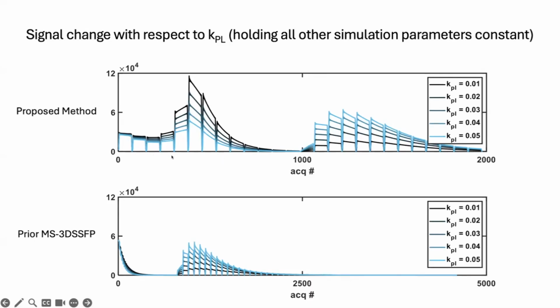And not only is the pyruvate signal higher, the lactate signal in the latter half of the acquisition is increased because we're preserving the pyruvate signal as well. So because we have a preserved pyruvate magnetization, more magnetization is allowed to transfer into lactate.